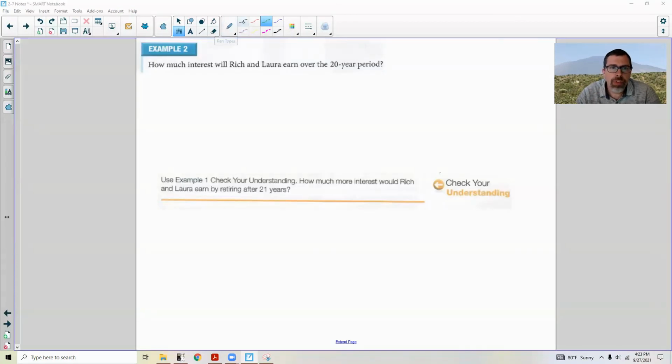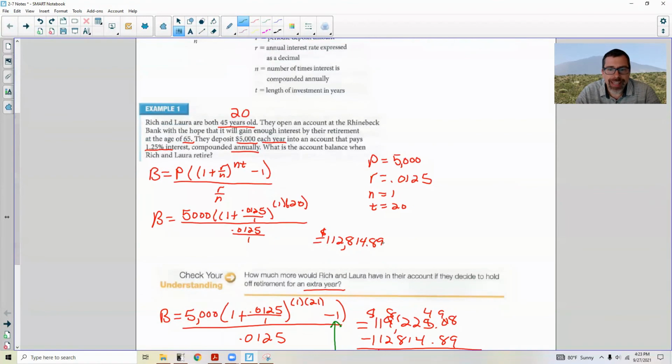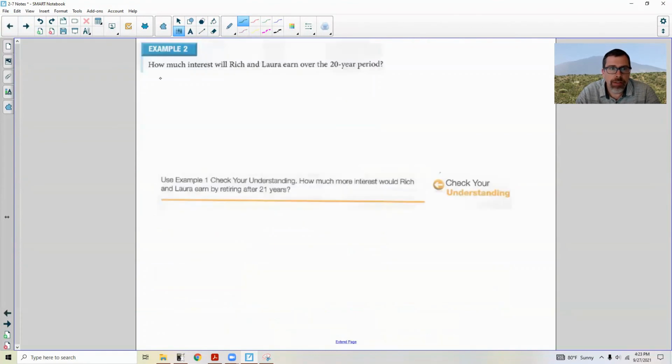Okay, example 2 says how much interest will Rich and Laura earn over the 20-year period? So if I go back and look, I think I've already said it. They made $112,814.89, minus $5,000 times 20 years.